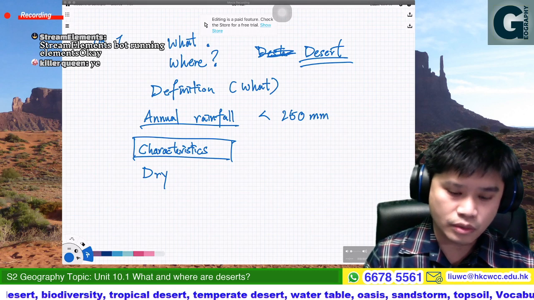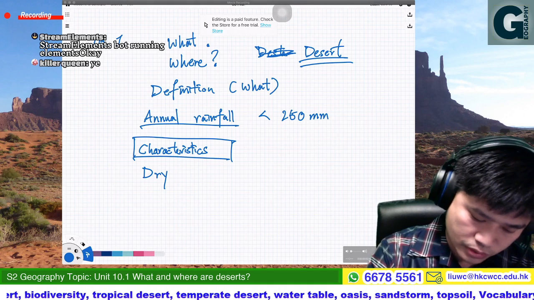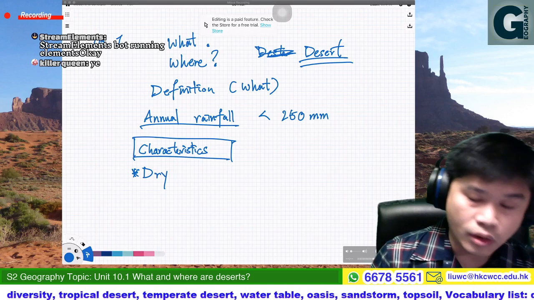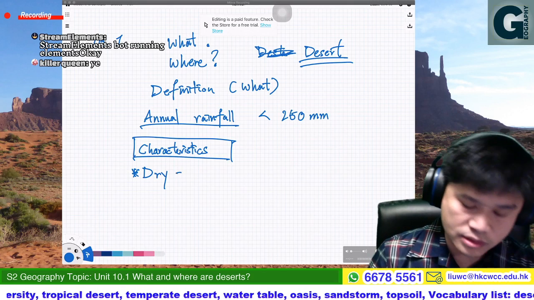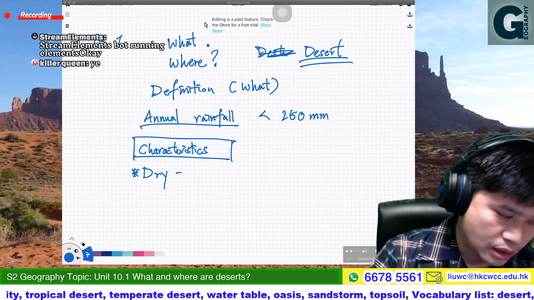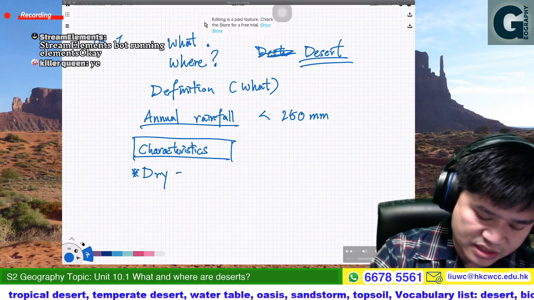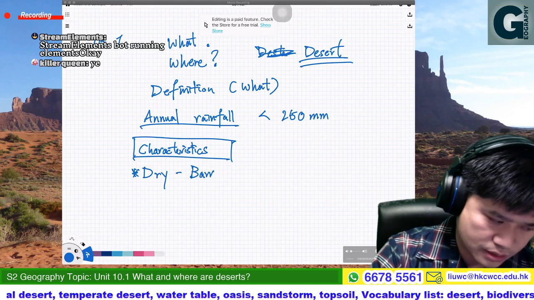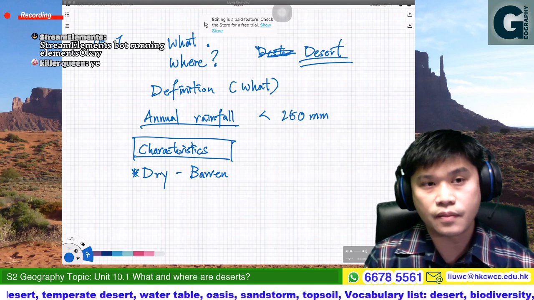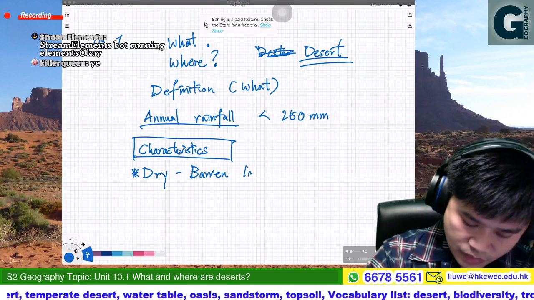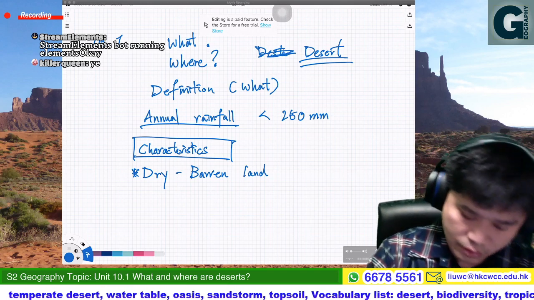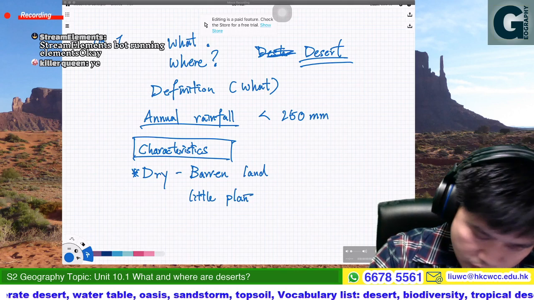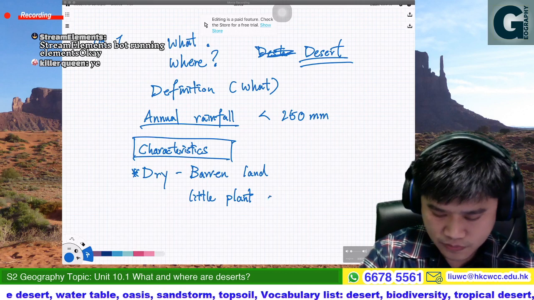So that's why the first one we would say it would be very dry. Or if you use the word in your textbook, most desert we would call it with a barren land surface, barren land, and little plant cover.